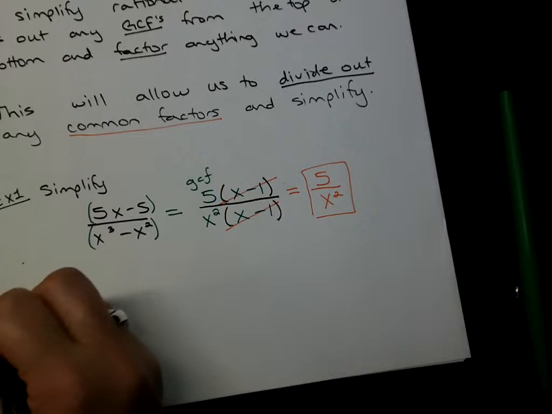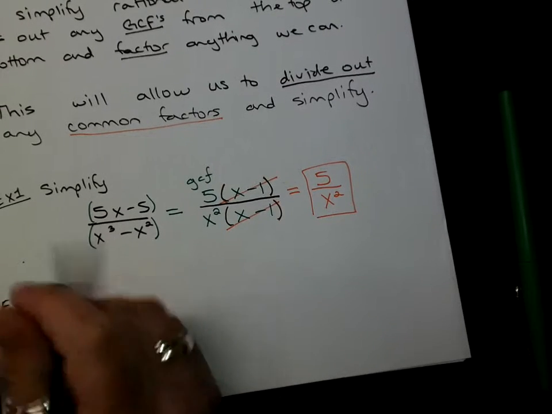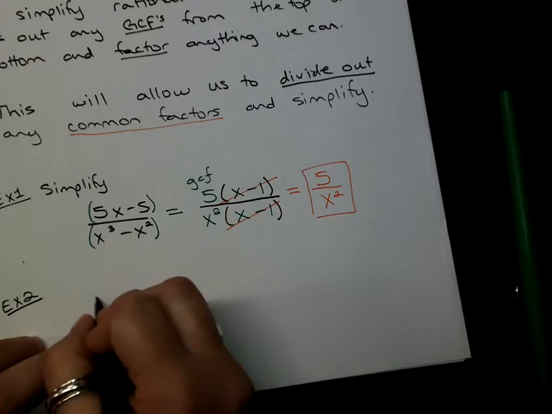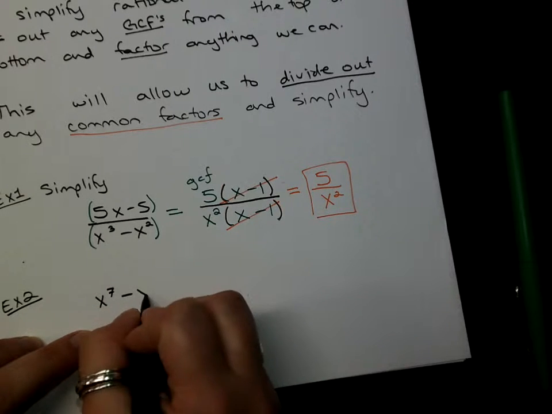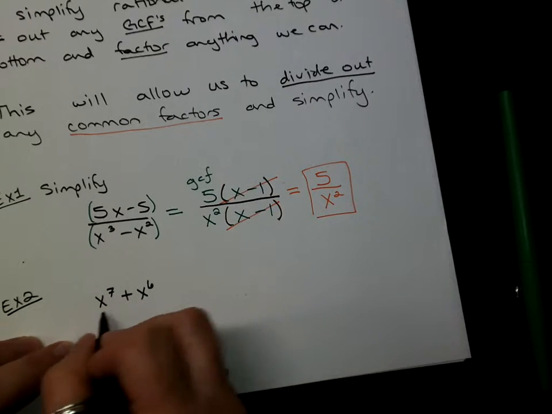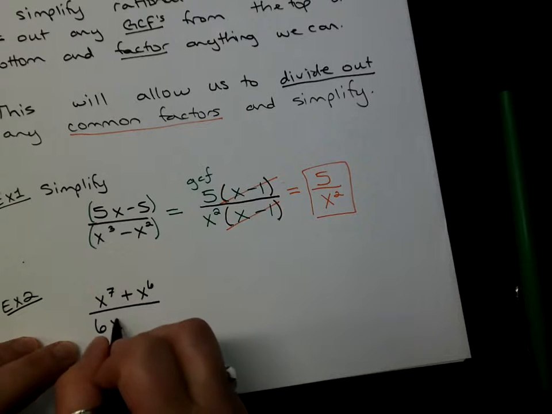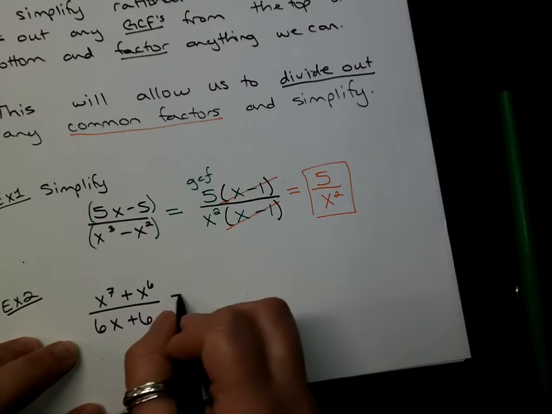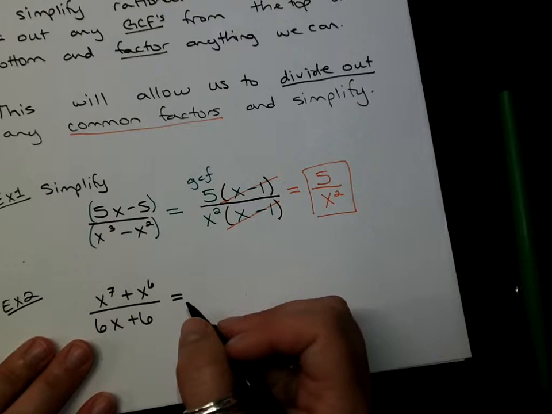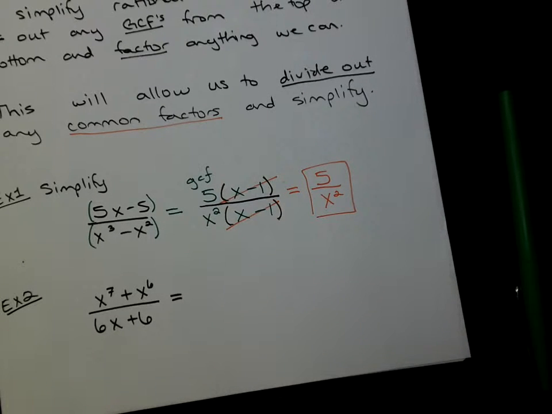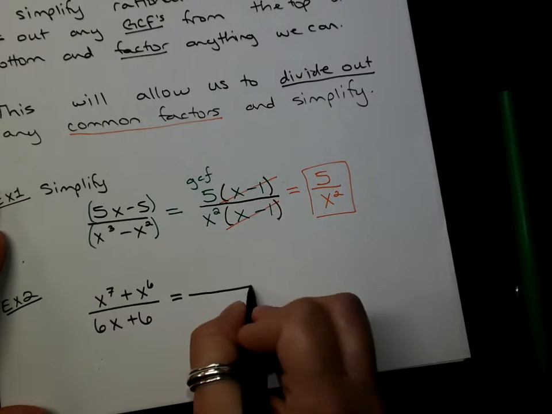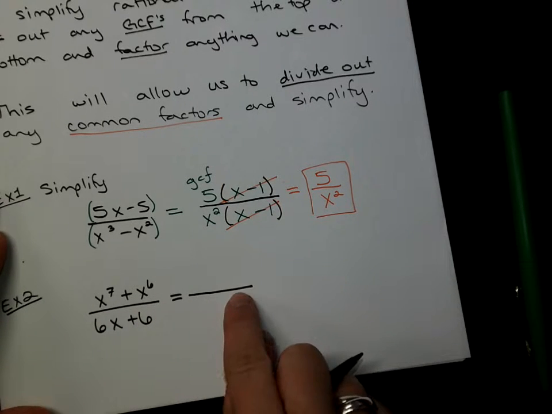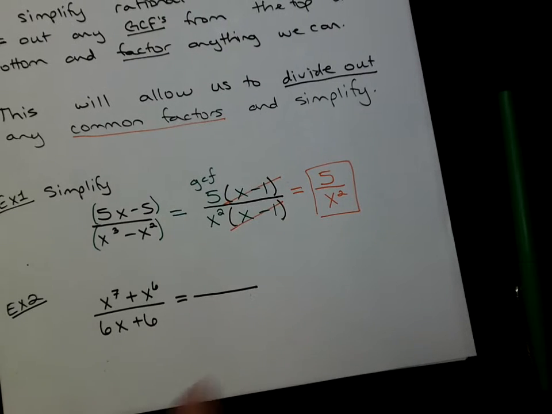If you'd like to try that on your own, you can pause the video and try example 2. We have x to the 7th plus x to the 6th over 6x plus 6. If you'd like to pause the video at this time and try this problem. What I recommend is starting with that fraction bar, just carrying it across so you have somewhere to put the top and somewhere to put the bottom. Then we're going to look for those GCFs.